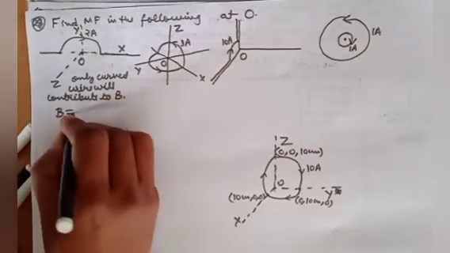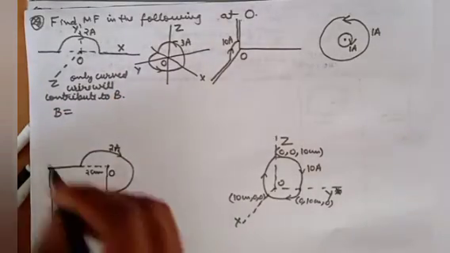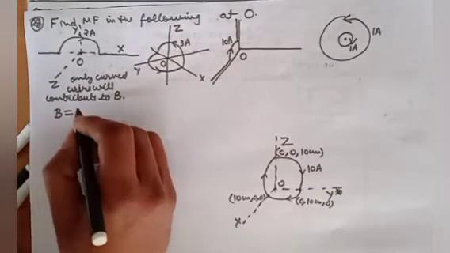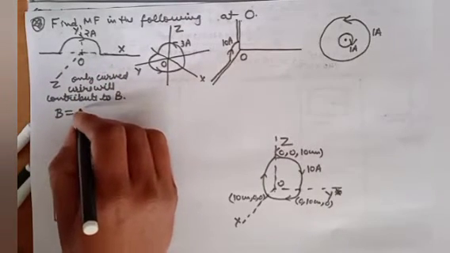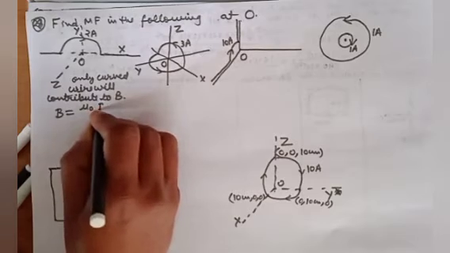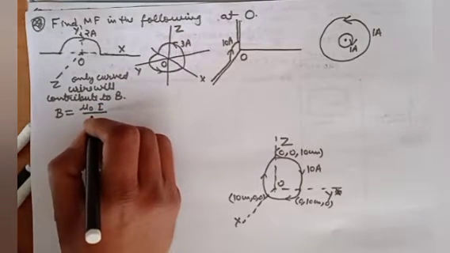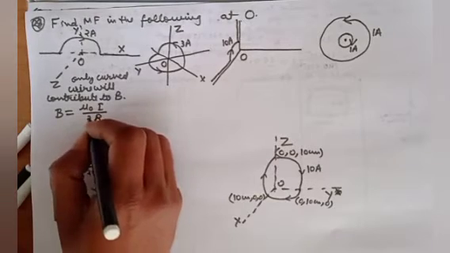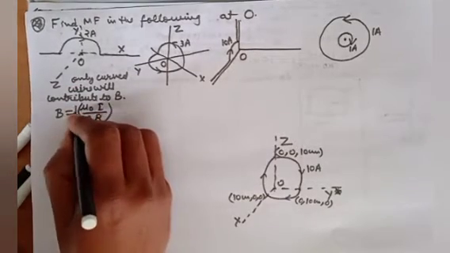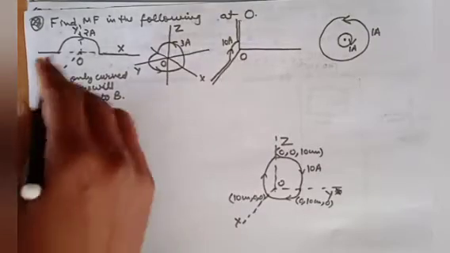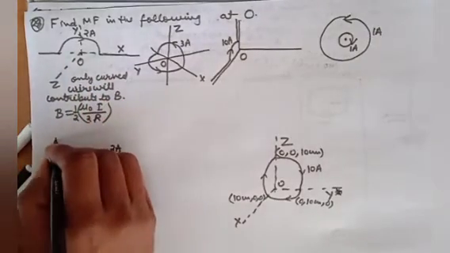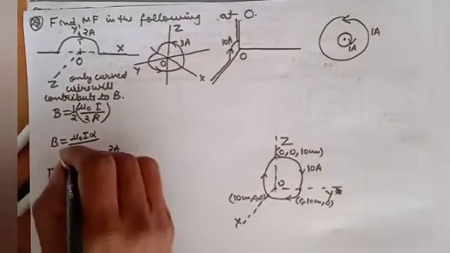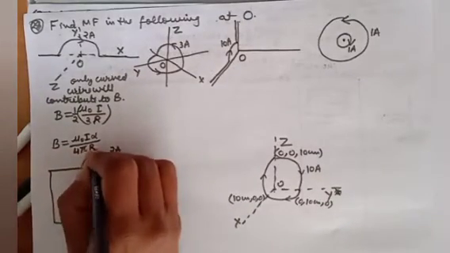So B is equal to, and we know that for entire loop, what was the formula? It was mu naught I upon 2R for entire loop, but this is for semicircle, so we have to take half of it. Actually for such types of segments we use this formula, mu naught I alpha upon 4 pi r.